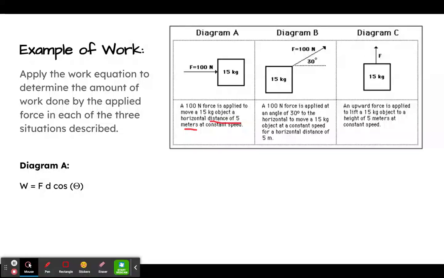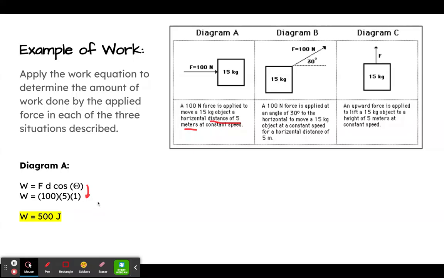You'll notice that the displacement is in the same direction as the force, so the angle is 0 degrees. We have 100 newtons multiplied by 5 for the displacement, multiplied by 1. I really want to emphasize that this 1 is coming from the cosine of 0, which is just equal to 1. So 100 times 5 times 1 gives us 500 joules.